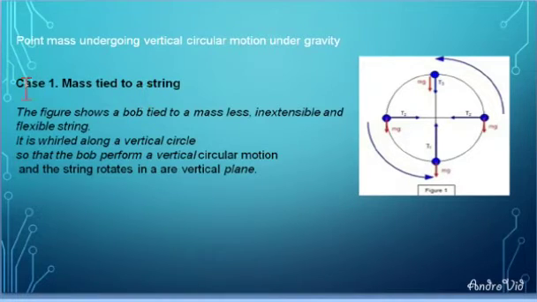We will first study case number 1. This figure shows a bob tied to a massless, inextensible and flexible string, whirled along a vertical circle. The bob will perform vertical circular motion and the string will rotate.